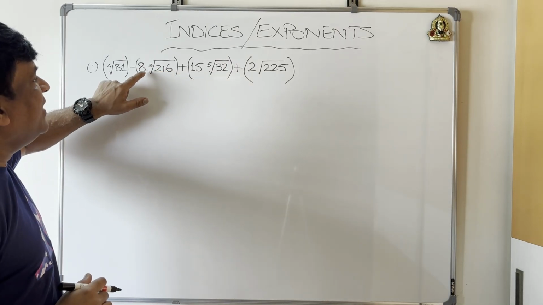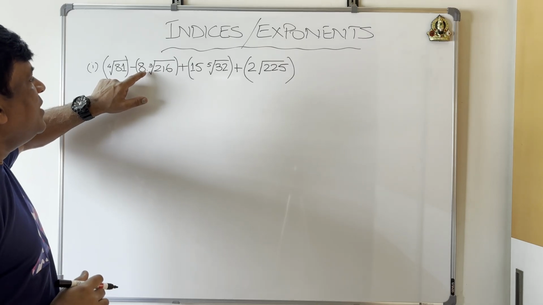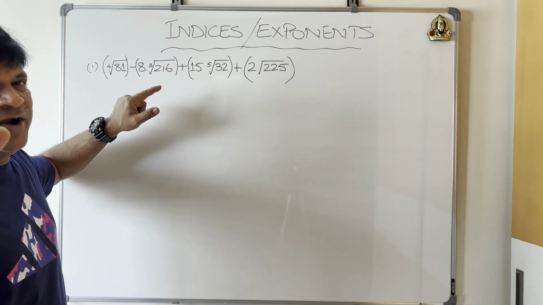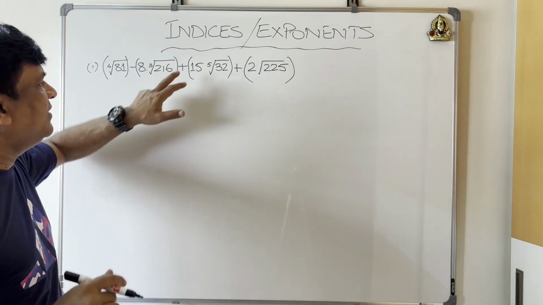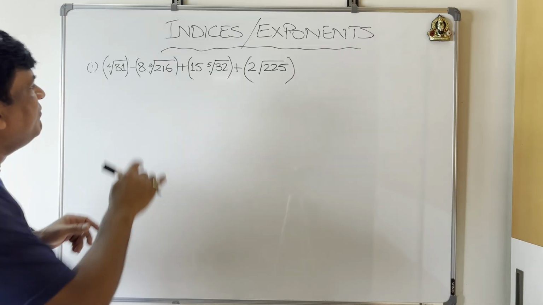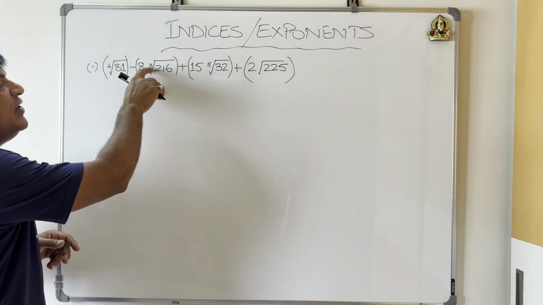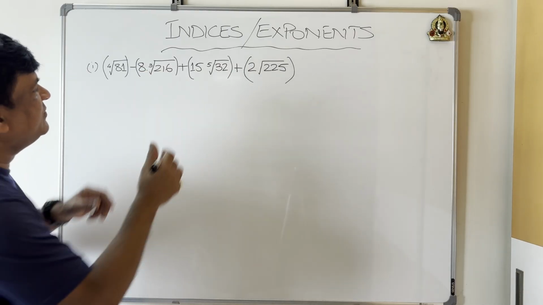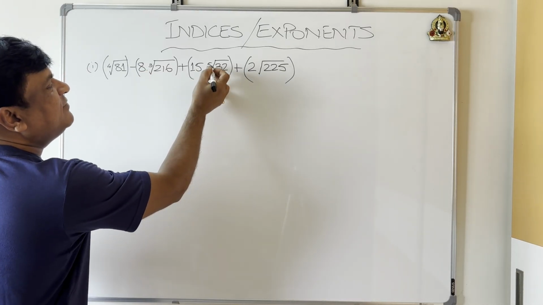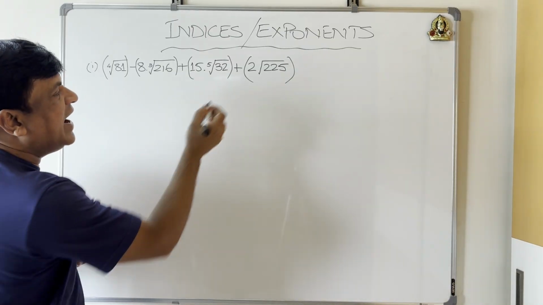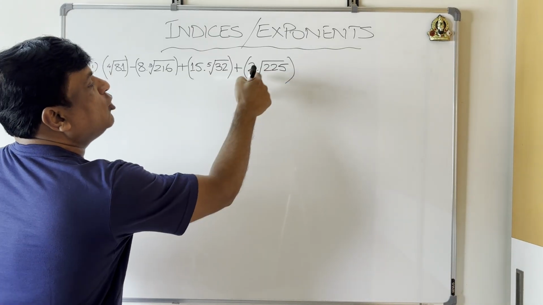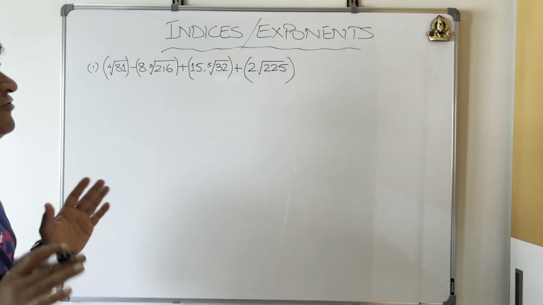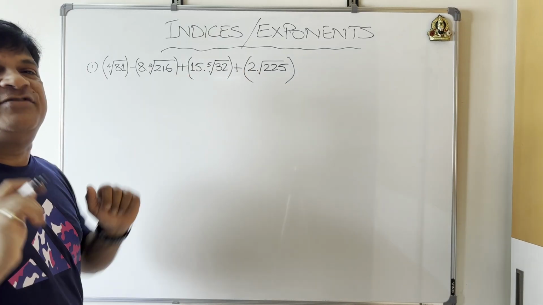You cannot write that 3 over here, otherwise it will read as 8 times 3 times square root of 216. Don't make that mistake. Whenever you write the root index, it needs to be a smaller number. Don't write it very big. Similarly, this is 15 times fifth root of 32, and this is 2 times square root of 25. I hope that makes sense. At least you are able to understand what the problem is.